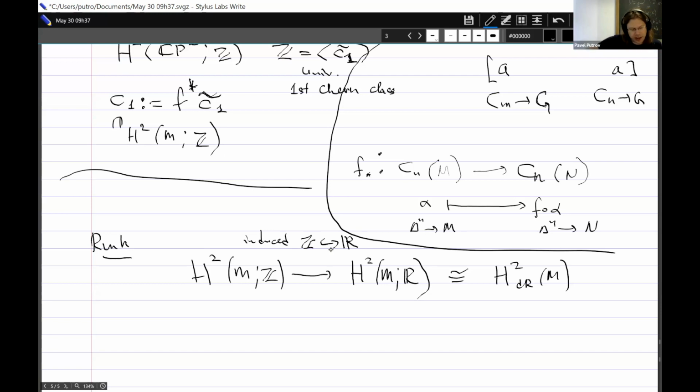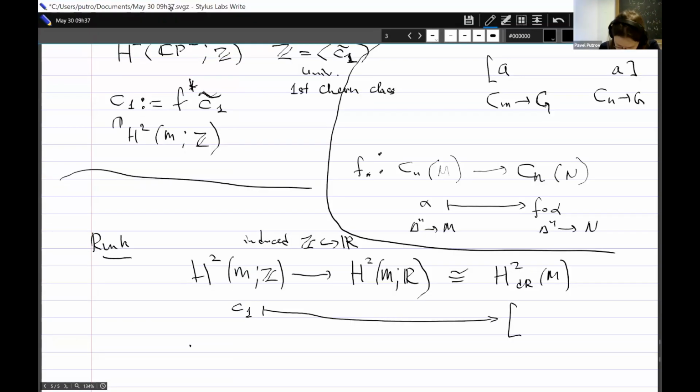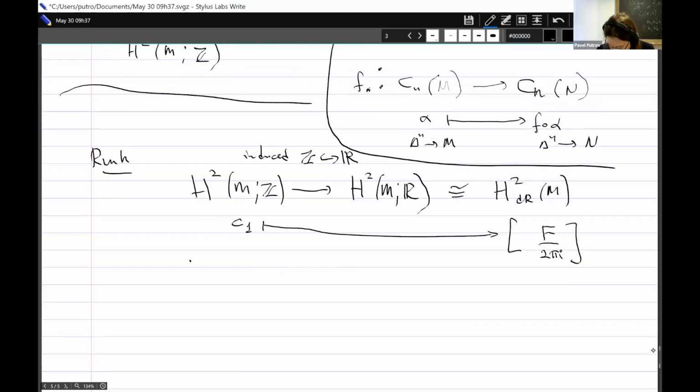Since elements of the second cohomology are represented by linear maps on singular chains valued in this group, we can express the values in Z as values in R. And the statement is that if we consider the composition of this map with the de Rham isomorphism, the result is the class of field strengths, maybe divided by 2 pi i in the normalization which I'm using.